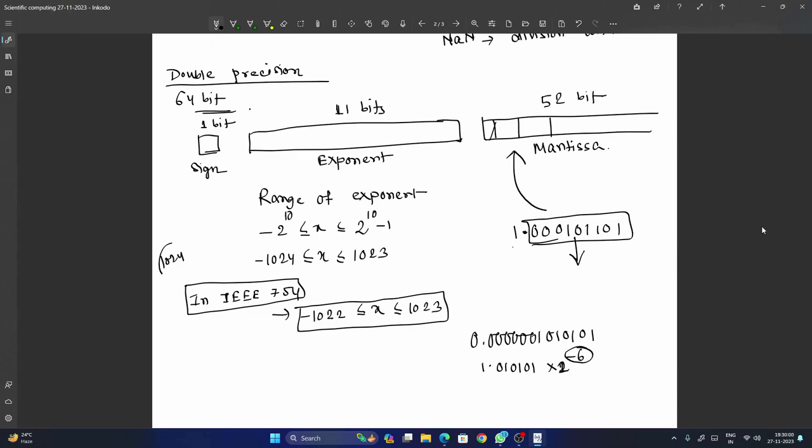So that's why in IEEE 754 format, particularly for this format, we use the biased exponent form. Biased exponent is very important. So what is a biased exponent? Suppose you have minus 6. Now what is the minimum exponent you can have in this system?